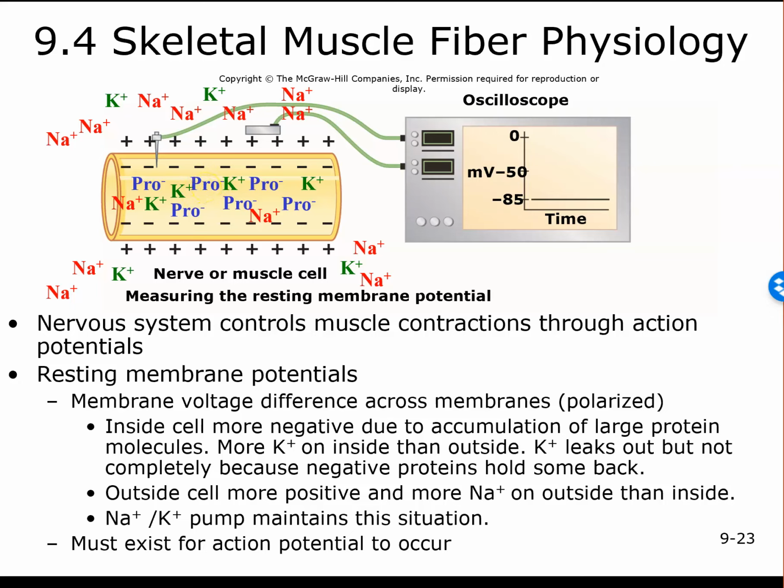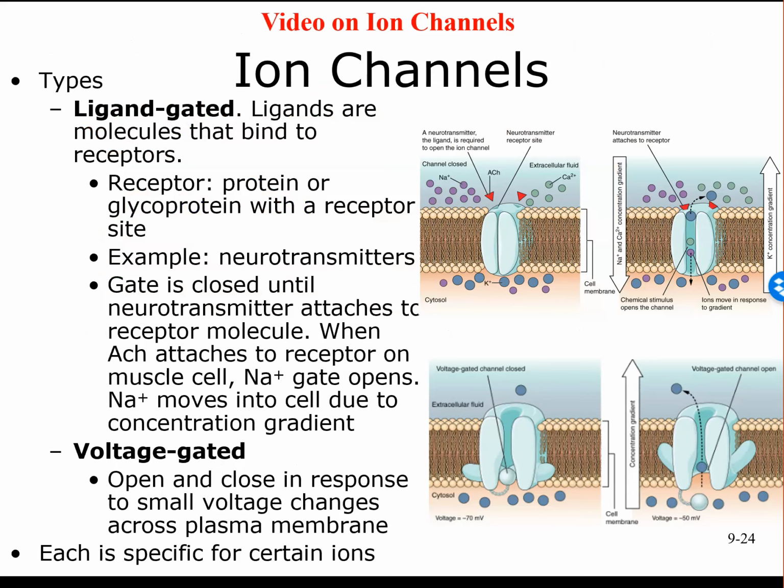And just like in our nerve cell, we will also have a sodium-potassium pump that will help to maintain this polarity. And we have to have this setup of polarity in order for an action potential to be able to occur and ultimately cause a contraction to take place.